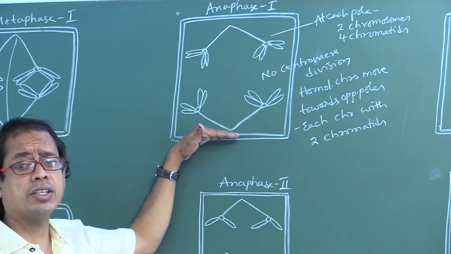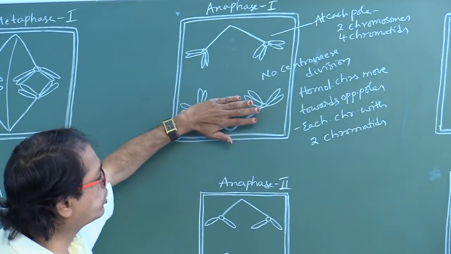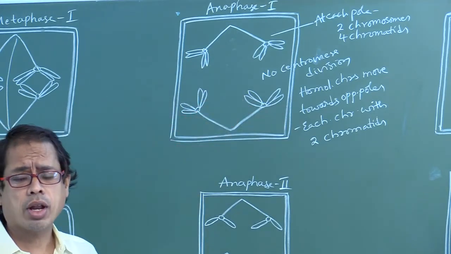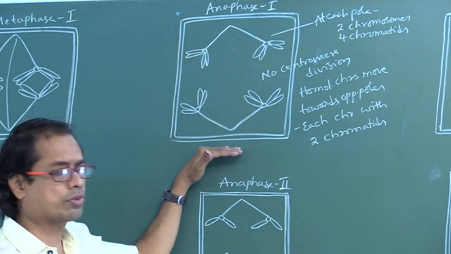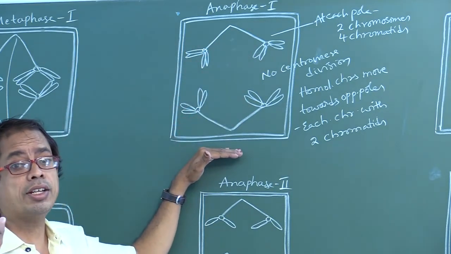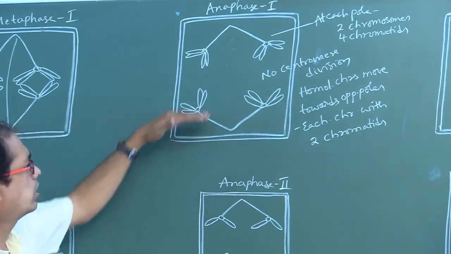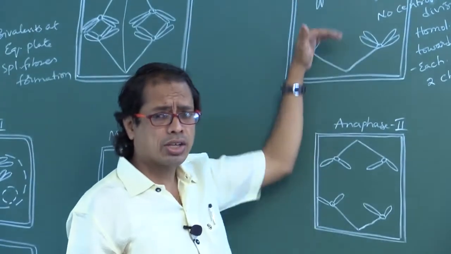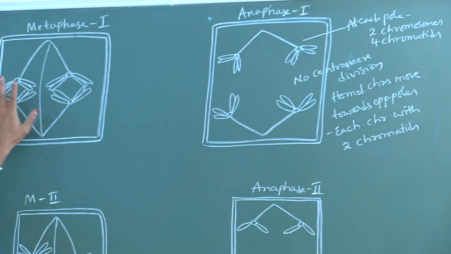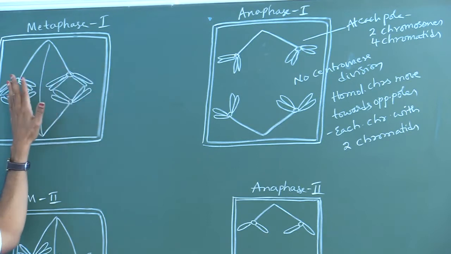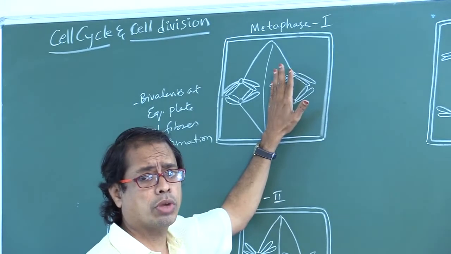For anaphase 1 you have to take the upper pole and lower pole; at each pole means we take only one pole. So the number of chromosomes in the anaphase 1 cell is 4, and the number of chromatids is 8. This is the so-called segregation or disjunction of chromosomes. When bivalents come at the equatorial plate, this is the so-called chromosomal congression.